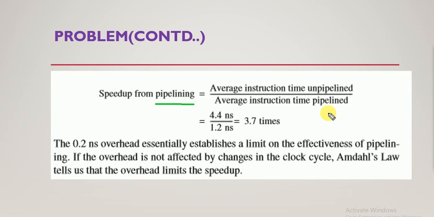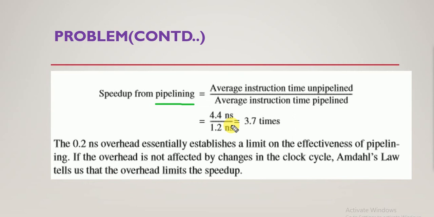For any speedup, as you have seen in the previous module, the average instruction time unpipelined took 4.4 nanoseconds, and if it is pipelined, the average is 1, because we have some initial delays, but later, once it goes into the pipeline stages, an entire set of operations of different instructions equivalent to one entire instruction will be completed within 1 nanosecond.